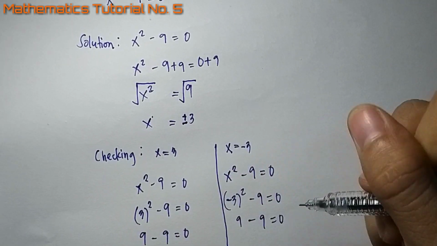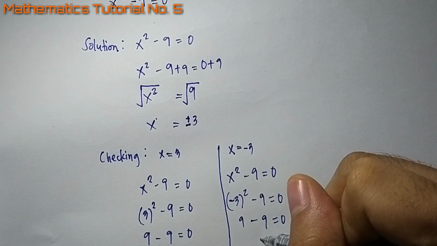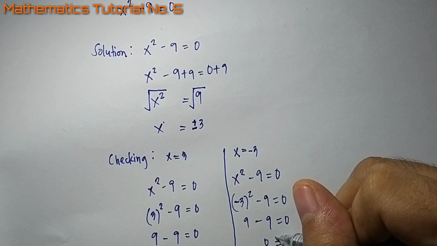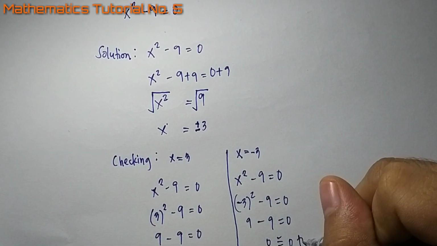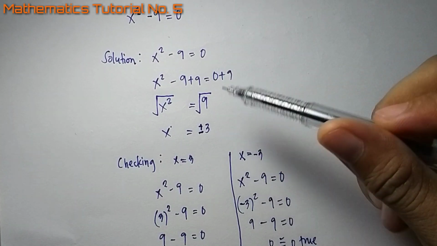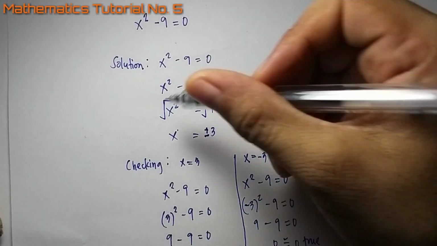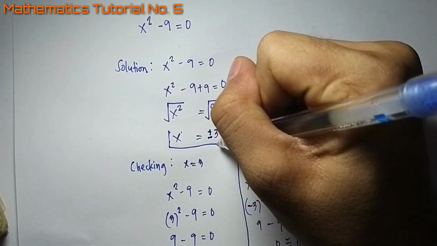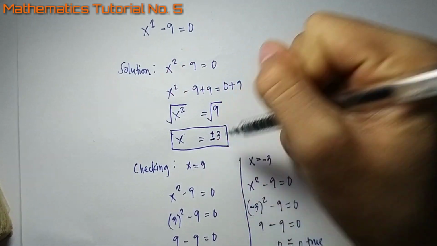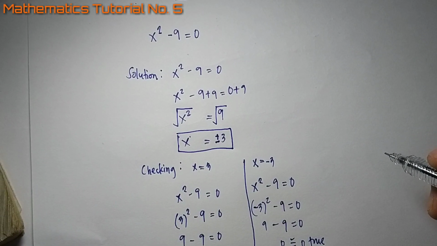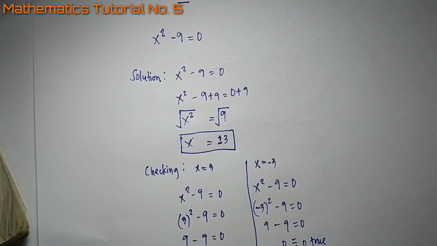Minus 9 is equal to 0. So 9 minus 9, 0, equals 0. So insakto gihapon, true. So ang atong solution sa x squared minus 9 equals 0 is positive 3 and negative 3. Duha atong answer, positive 3 and negative 3.